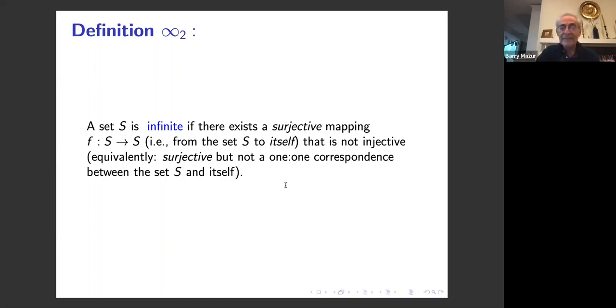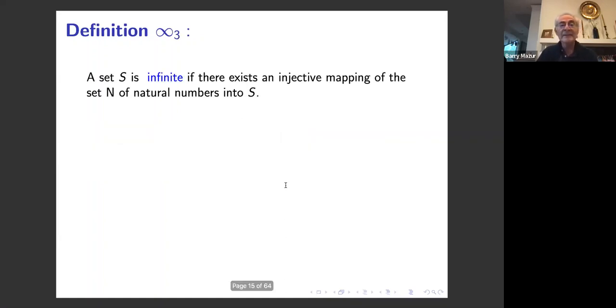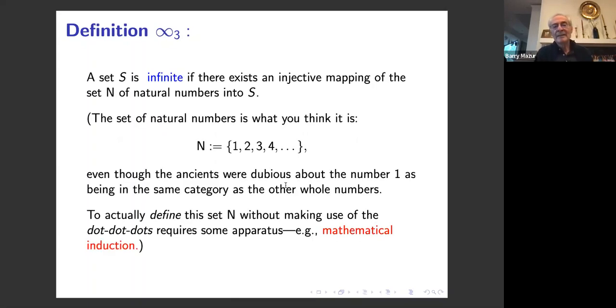there they are, definition 1, definition 2, and here's definition 3. A set is infinite if there's an injective map of the set N of natural numbers into S. So the set of natural numbers, of course, is numbers 1, 2, 3, and 4.